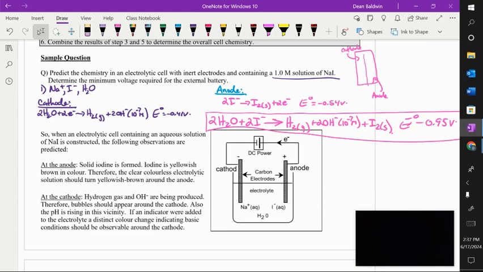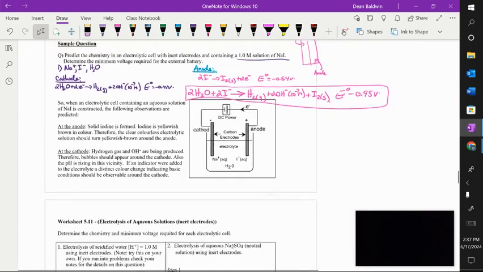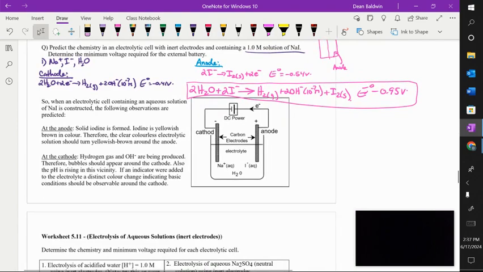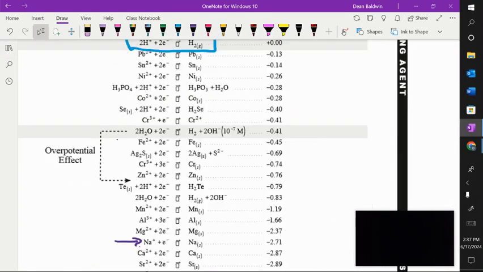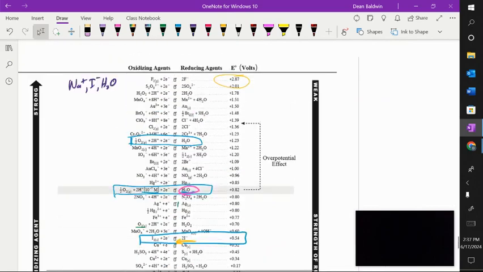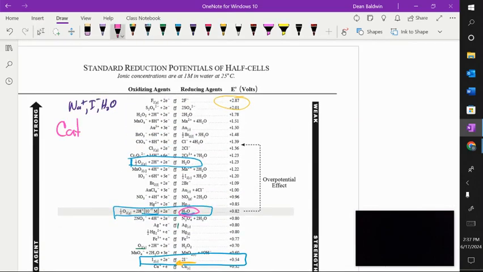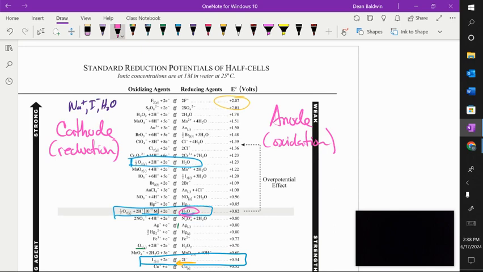Okay? So when you're picking what's happening at your anode or cathode, we'll do the cathode first. Let's look at this whole thing. This is the cathode side, which is reduction. This is the anode side, which is oxidation. And you just look on this side of the table for the cathode reaction.